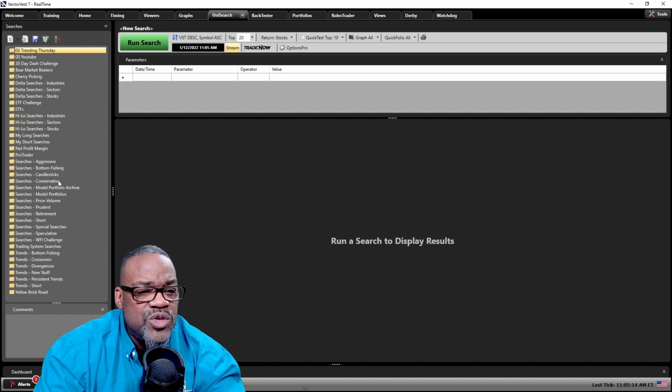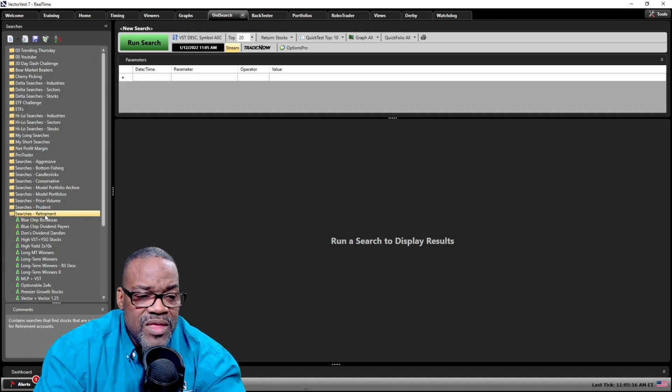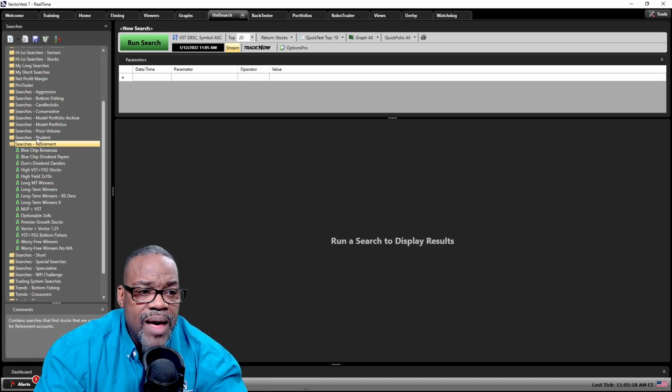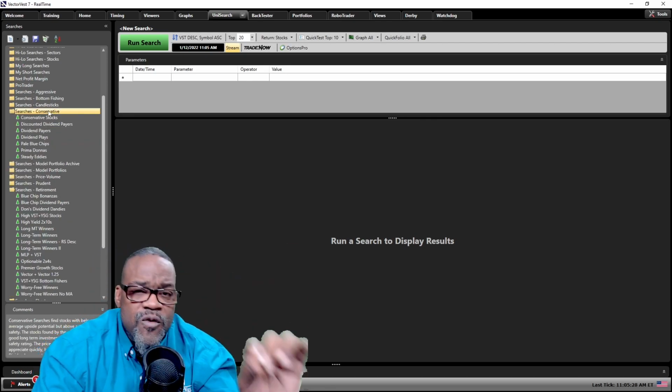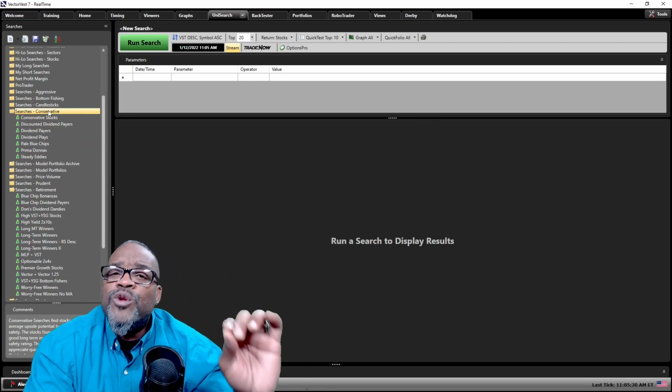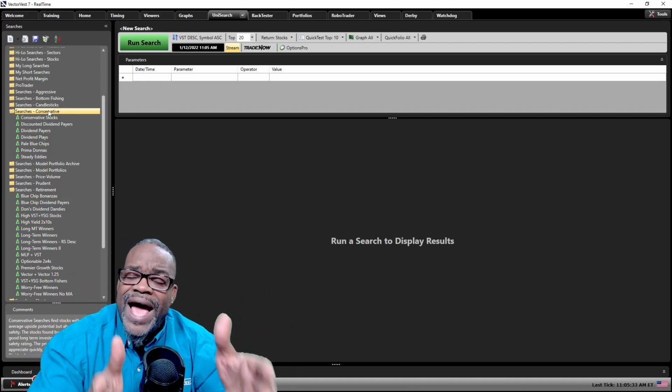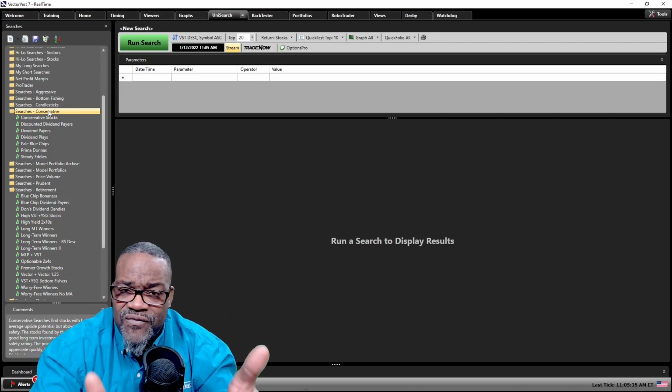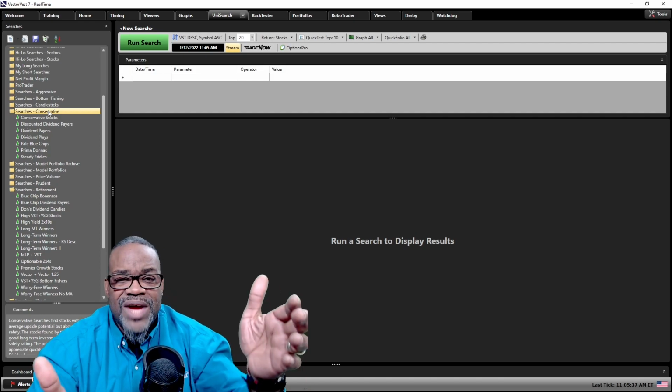I have searches retirement for those long-term people who want to get in and hold stocks a little longer. And then I also have searches conservative. I've got 2 folders to help the longer-term investor, which ties in very well with that confirmed call to get in and out at the right time.